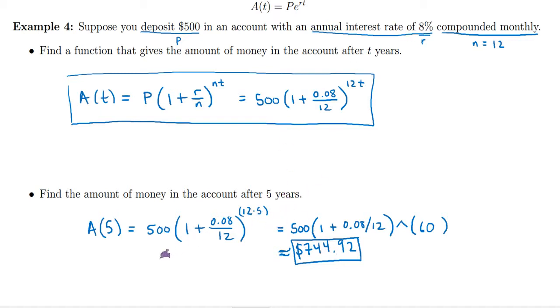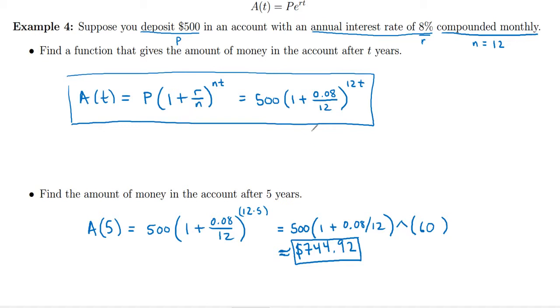Well, that seems pretty reasonable, and the calculator actually verifies that it is. But make sure you check this answer, because if you're getting something like $1 million, well, that'd be really nice if you could take $500 and turn it into $1 million after just 5 years of 8% compounded annually. Okay, so what's the next question?